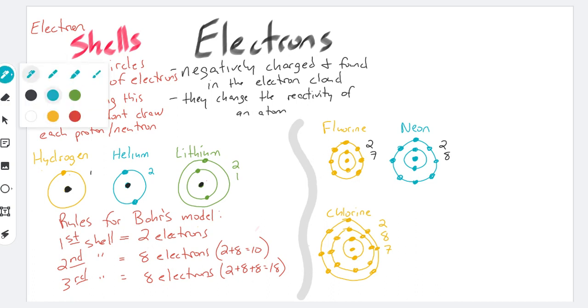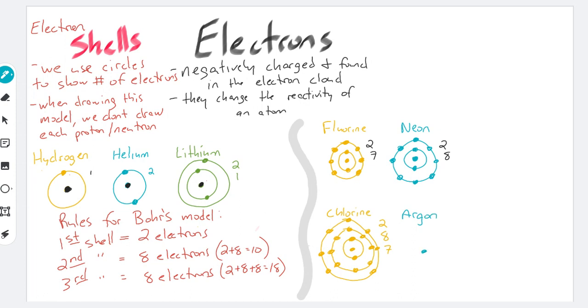Okay, let's do one that's similar. It's right beside chlorine on the periodic table, argon. Draw a nucleus. 1, 2, 3. So the same thing. We know that argon is going to have a total of 18 electrons because there's 18 protons, a neutral charge. 1, 2, so we draw 2 there. 1, 2, 3, 4, 5, 6, 7, 8.